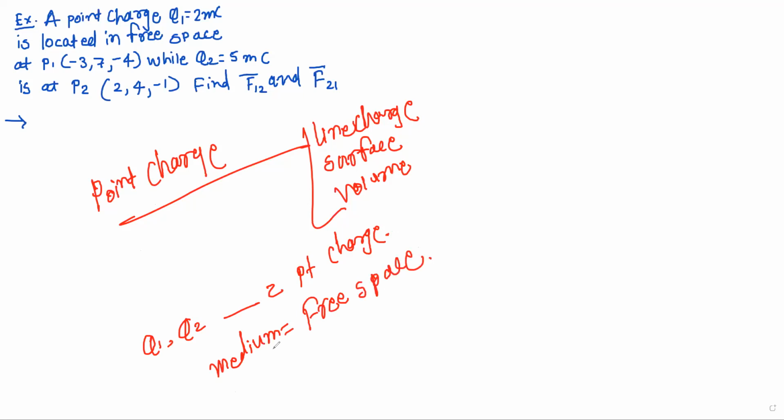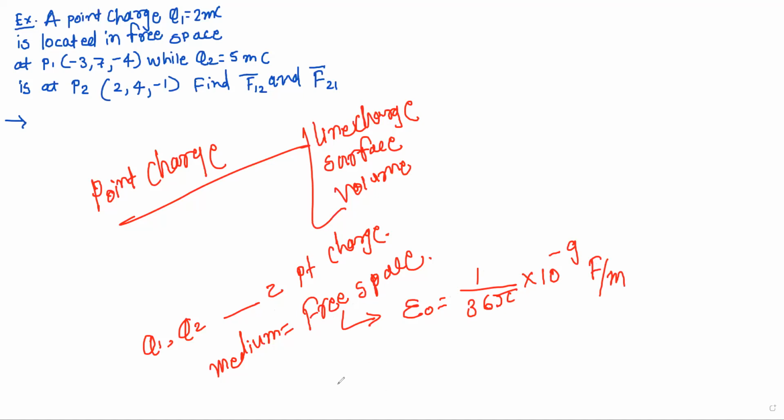And we know that for free space, epsilon naught is equal to 1 upon 36 pi into 10 raised to... can someone tell? -9. Correct, -9 farad per meter. This is how you can read the example.